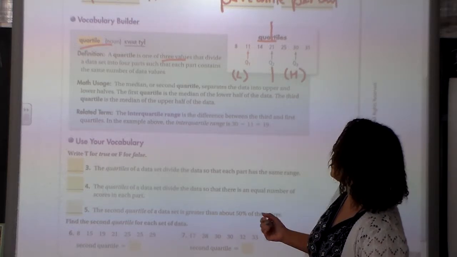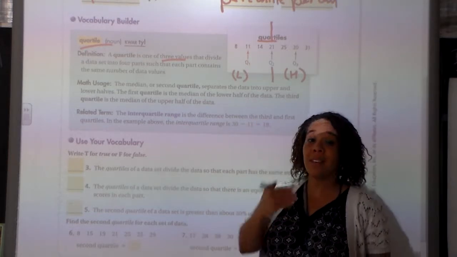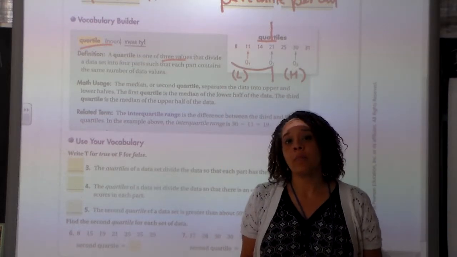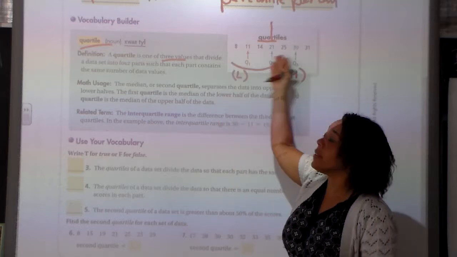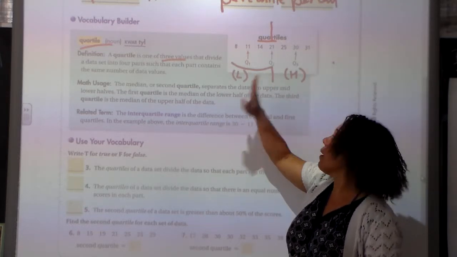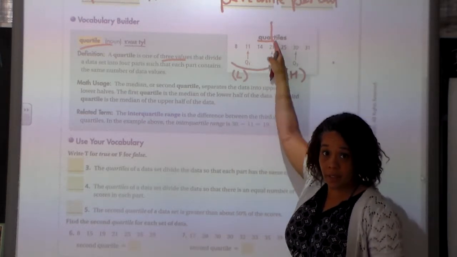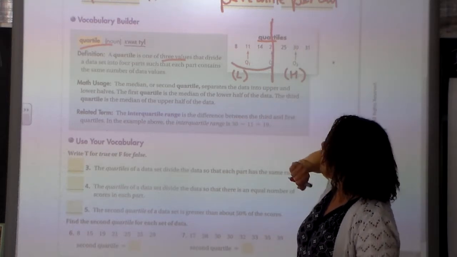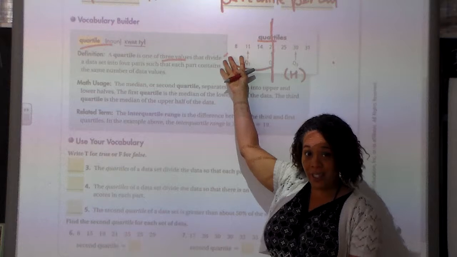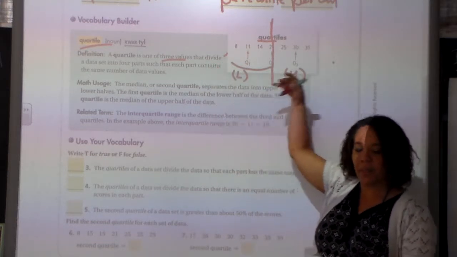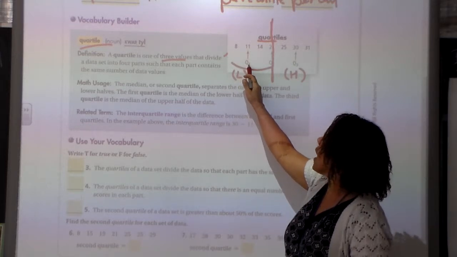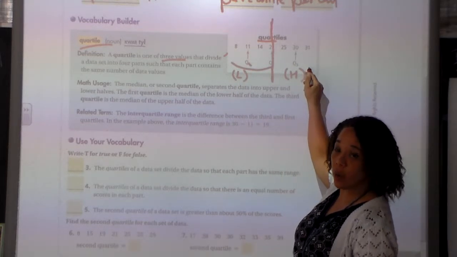The first quartile now is the median of the whole first half set of numbers. So we're taking our whole data range, we're finding the center, the second quartile, and that divides our data into half. And then we're going to find half of the lower half, and half of the upper half. That makes our first quartile and our third quartile.